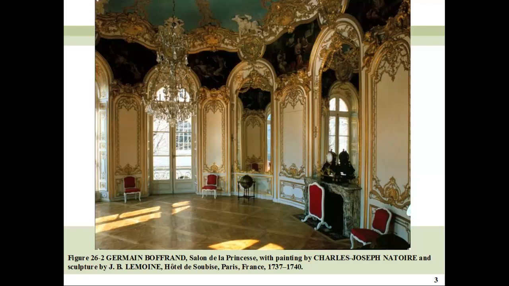This room exemplifies the lightness and delicacy of the Rococo design. The typical elements of architectural decoration, such as arabesques, S shapes, C shapes, reverse C shapes, volutes, and naturalistic vegetal forms.